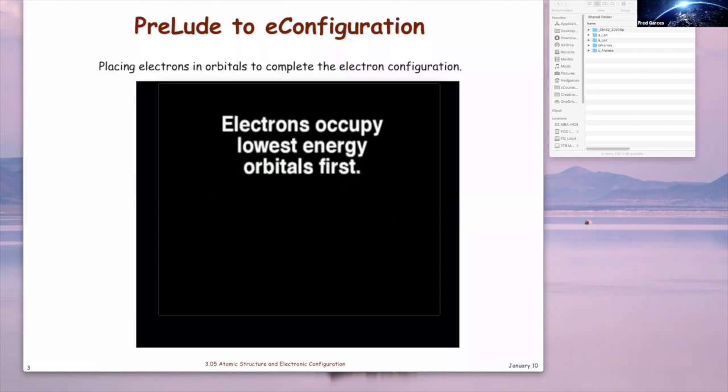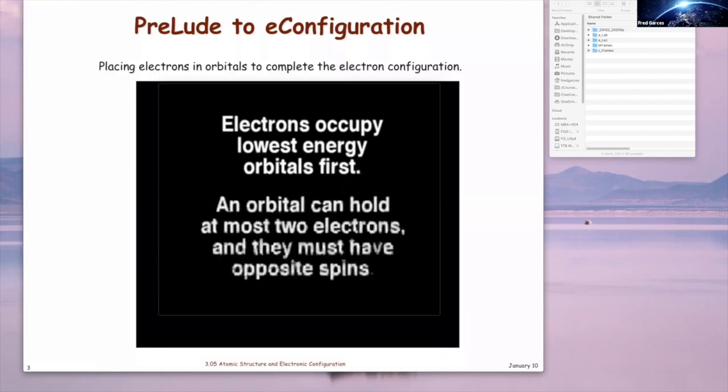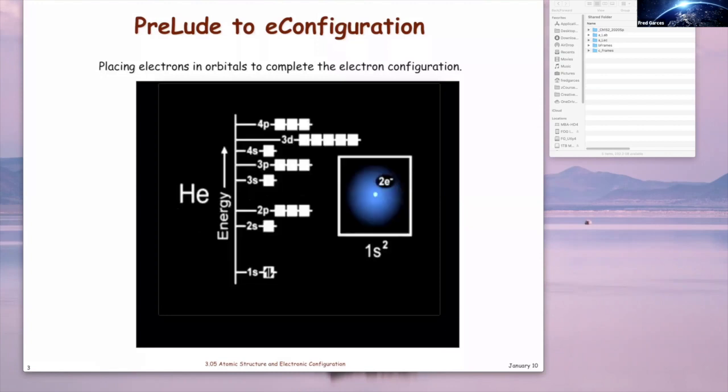The first rule is that electrons occupy the lowest available orbital. The second rule follows from the Pauli exclusion principle. Any orbital can hold, at most, 2 electrons of opposite spin. These rules tell us that in helium, both electrons occupy the 1s atomic orbital. With increasing atomic number, the electrons occupy orbitals of increasing energy. With carbon, we encounter a new question.